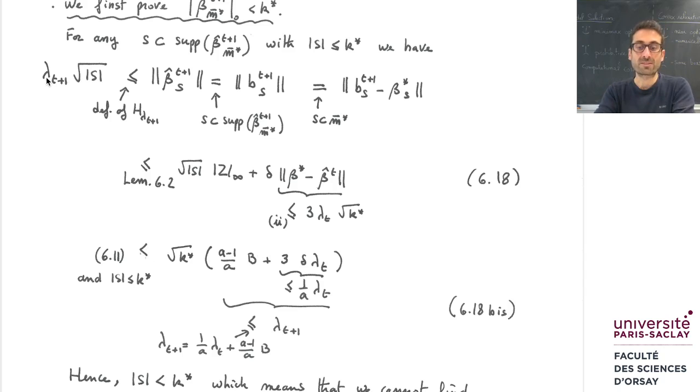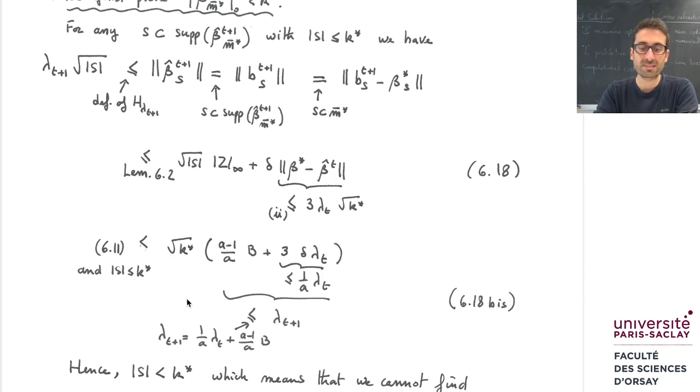Since lambda t plus 1 is non-zero, I can cancel out the lambda t plus 1, and I obtain that square root of the cardinality of S is strictly smaller than square root of k star. So what we have proved is that the cardinality of S is smaller than k star, right?